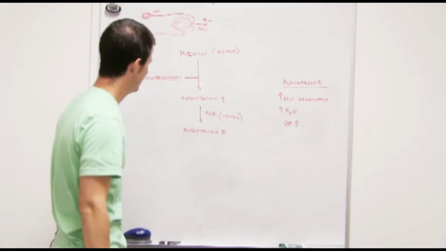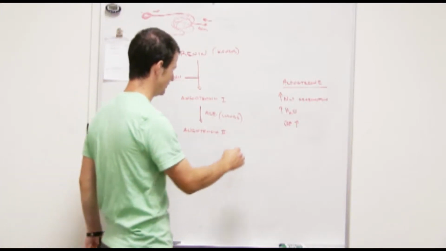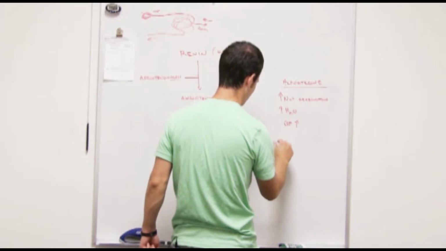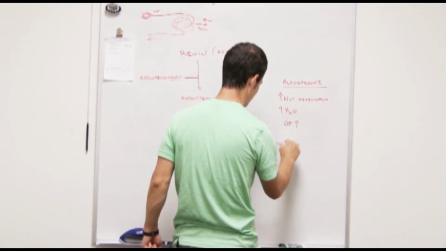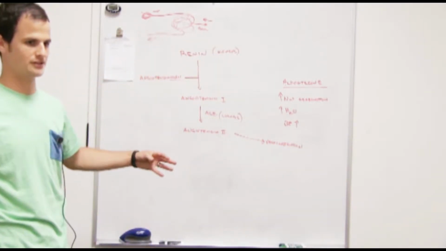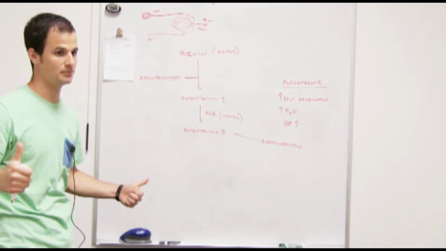What angiotensin II does, meanwhile, is go through the body and cause vasoconstriction. It's going to cause all the blood vessels to constrict to increase blood pressure.